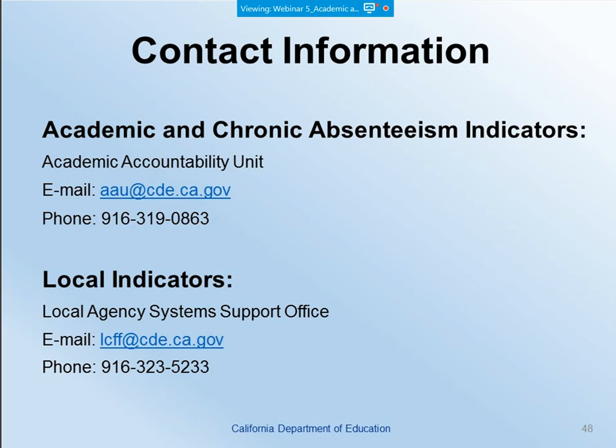Our data office, the people who produce DataQuest, extracted that data 2 days after the submission window, because we need a day for CalPADS to get caught up. So suspension data is coming directly out of what was certified.